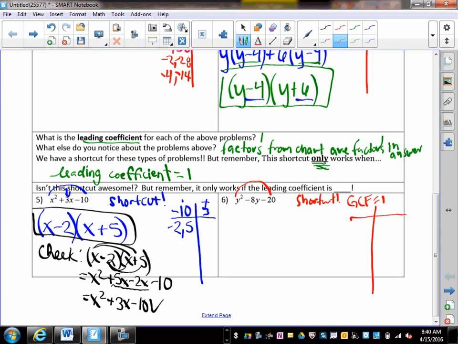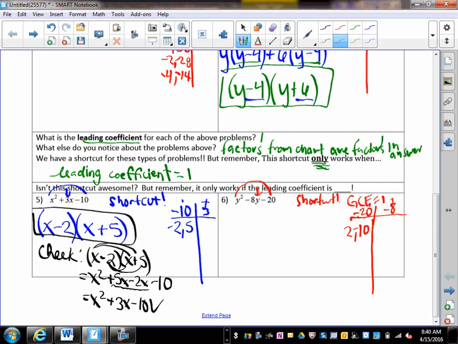What multiplies to -20 and adds to -8? Close. What's -2 plus 10? Right, that's positive. So how can we change it then? -10 and 2. Very good, Jonathan. Make my 2 positive and my 10 negative. So make sure you double check it.